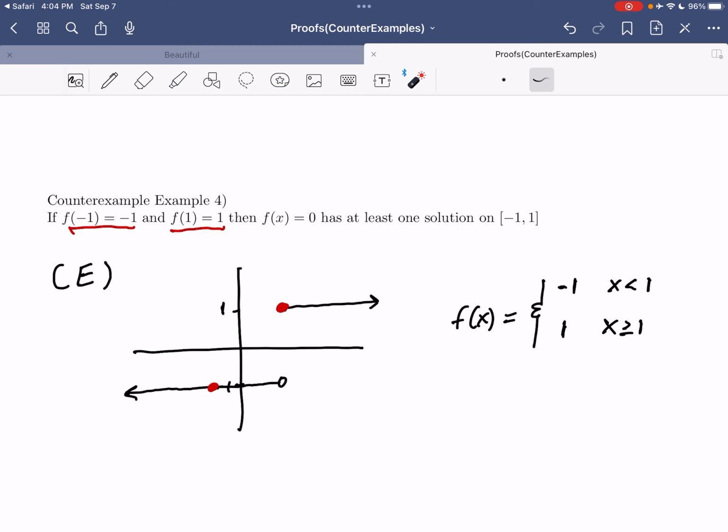Remember, always try to start simple with them. There's no reason to make really difficult, complicated examples, at least at first. Remember also, the more complicated your example, the more work you need to do to demonstrate why it satisfies the assumptions and why it breaks the desired conclusion. So simple is better here.